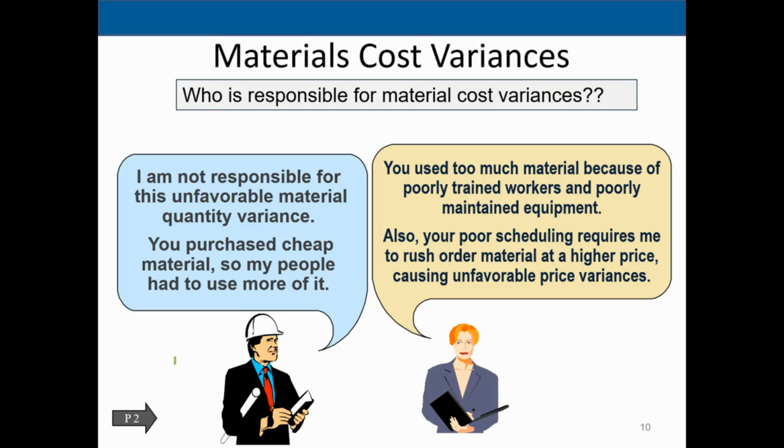So the purchasing department may have a different outlook on this and say that it's due to mismanagement of the individuals that are using too much material and causing a higher price in the cost of the materials. So even when we come up with a variance, it's not clear cut as to what the problem is, but now that we have broken it down to its components, we can do a better analysis and try to drill down further on where the issue is.